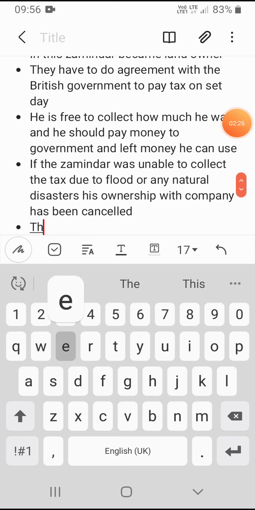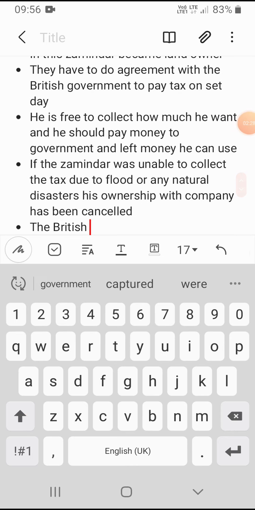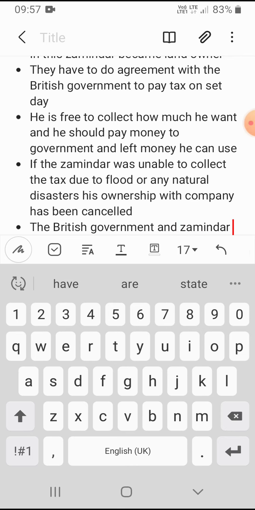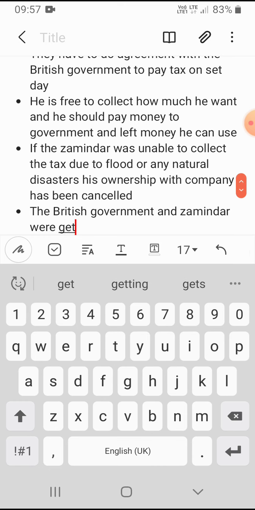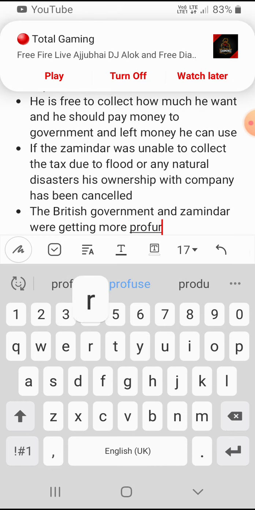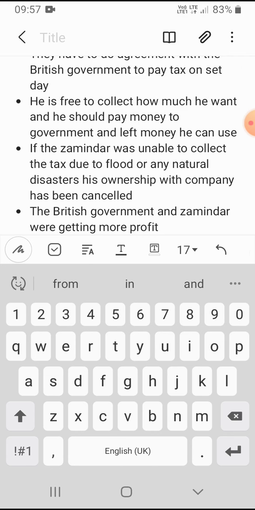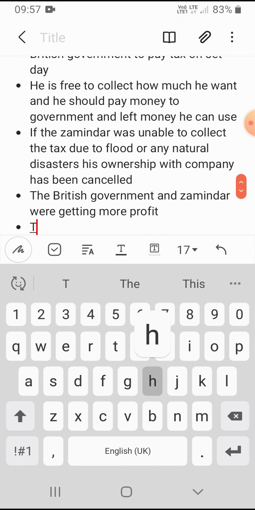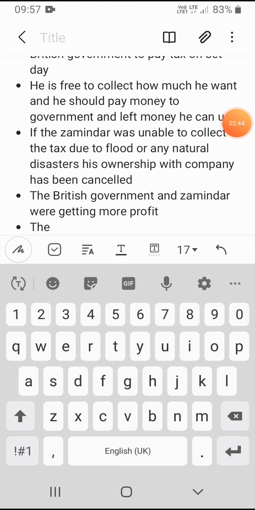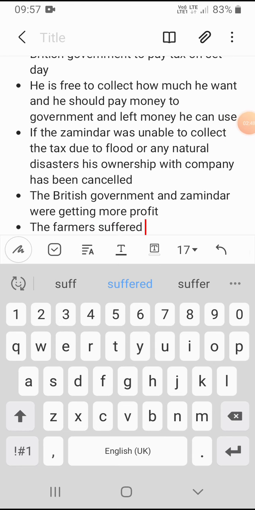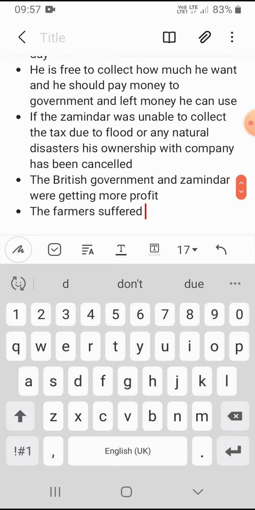So the British government and zamindar were getting more profit, but the farmer suffered from this.